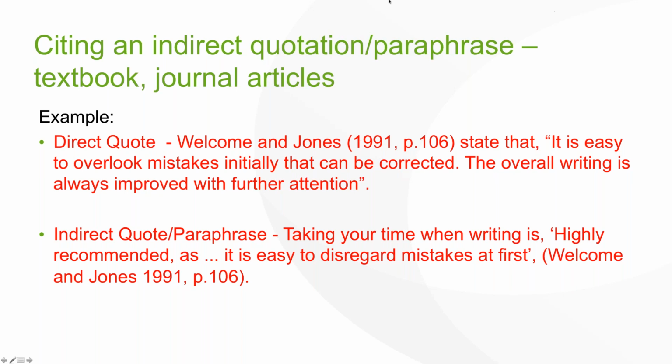Now, if you are to look at an indirect quote or paraphrase, you could say, "Taking your time when writing is highly recommended as it is easy to disregard mistakes at first." By Wellcome and Jones, 1991, page 106. So you note that there are no similar words here. There's no cut and paste with a few changes. We have reworked the sentence into our own words, but we haven't taken away from the original intent.